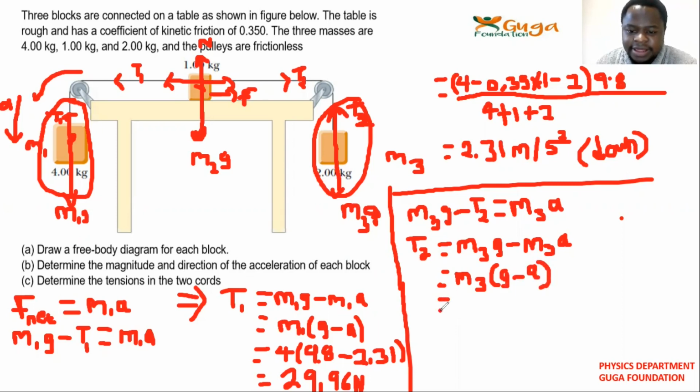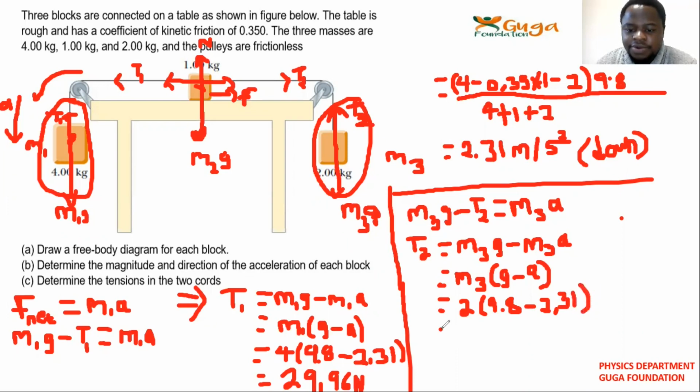So what is the mass of M3? It's 2. So you should get 2 into what is G? G is 9.8 minus what is acceleration? We got acceleration. So you'll have 2, comma, 3, 1.